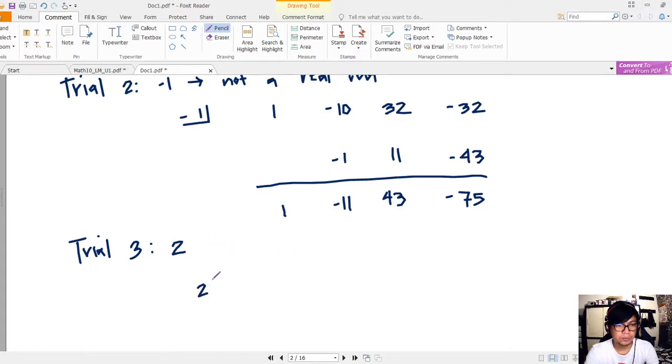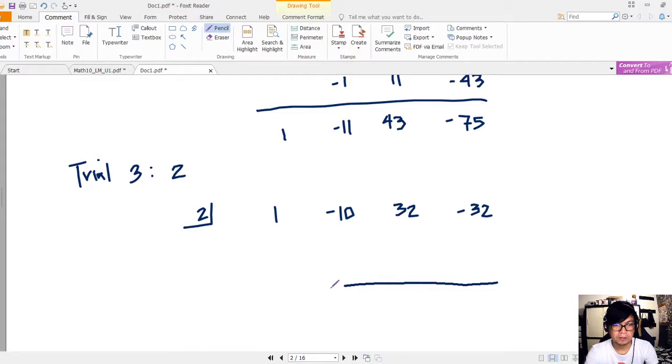Sige, 2. Tapos, yung coefficient natin dito, ito. So, 1. So, this is 2. Negative 8. Tapos, 2 times negative 8 is negative 16. 32 minus negative 16 is 16.